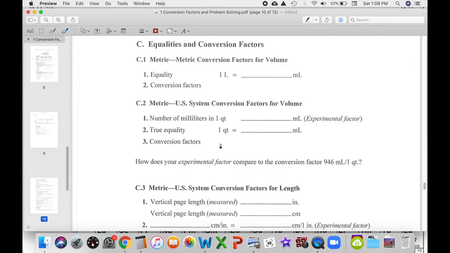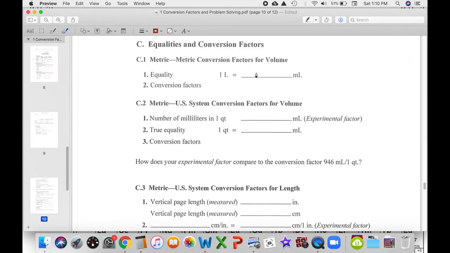But to be honest with you, most measuring cups also have metric units on them. So if your measuring cup at home in your kitchen has milliliters as well, basically fill up your measuring cup up to the 1 quart mark, and then also read that same level using the milliliter markings on that same measuring cup. Okay, and go from there. So that's the experimental factor you're going to get here.